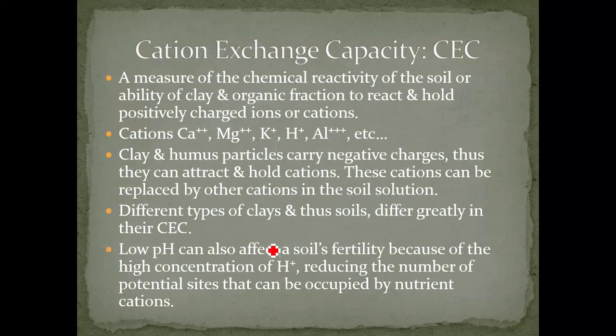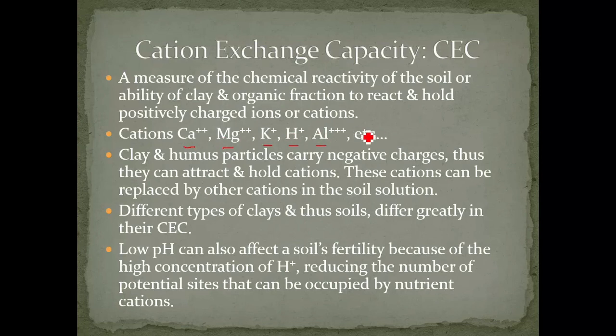Remember, an ion is a charged molecule. And all of these minerals, these nutrients that we see, are going to exist in the ionic form in the soil. Calcium, magnesium, potassium, hydrogen, aluminum. Aluminum's not a nutrient, but it's still there.